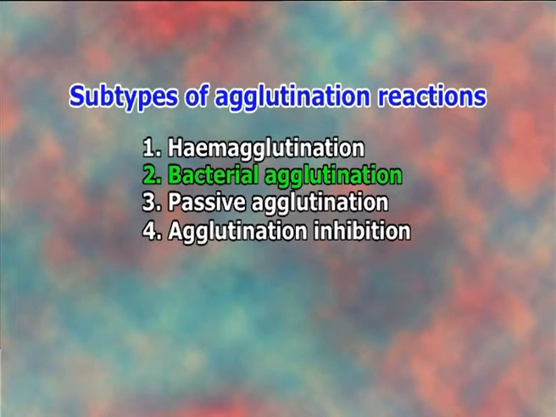Bacterial agglutination, which is also known as tube agglutination. A bacterial infection often elicits the production of serum antibodies specific for surface antigens on the bacterial cells. The presence of such antibodies can be detected by bacterial agglutination reactions. Serum from a patient thought to be infected with a given bacterium is serially diluted in an array of tubes to which the bacteria is added. The last tube showing visible agglutination will reflect the serum antibody titer of the patient.